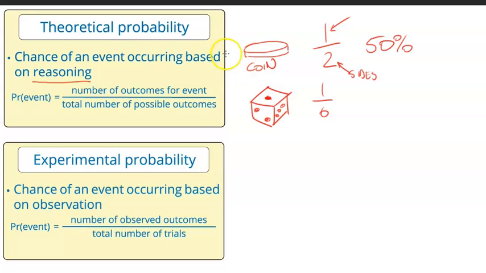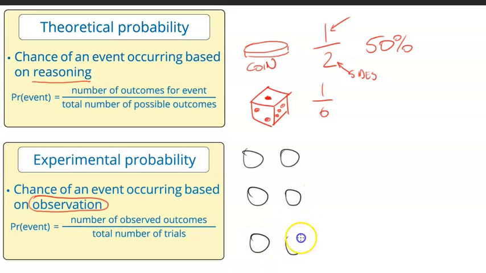Now, the difference between theoretical and experimental is that experimental probability is the chance of an event occurring based on an observation that you have made prior to that. So it's different to reasoning. Let's say that you did 6 trials of some sort where you flipped a coin.